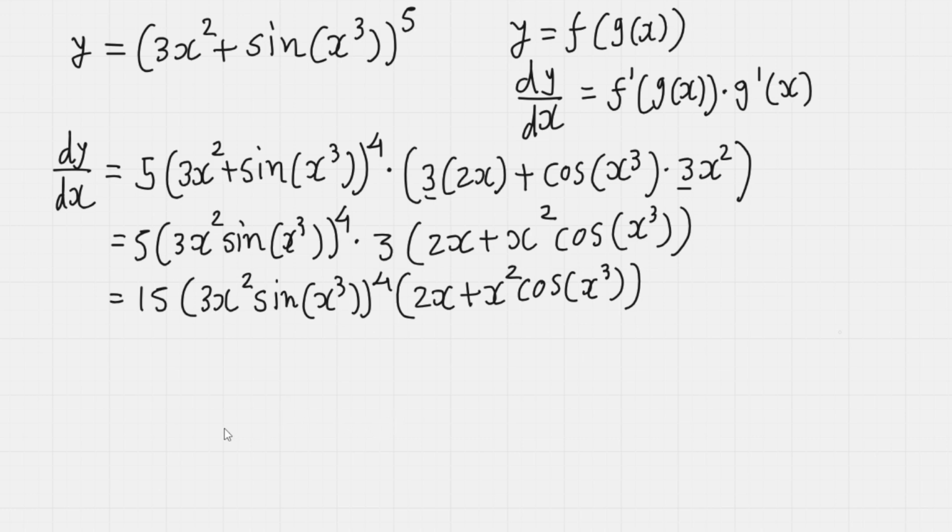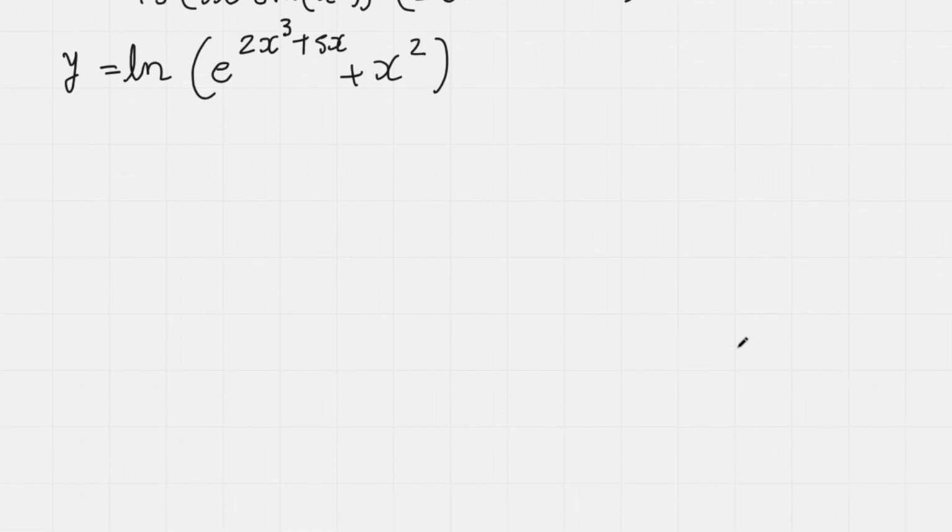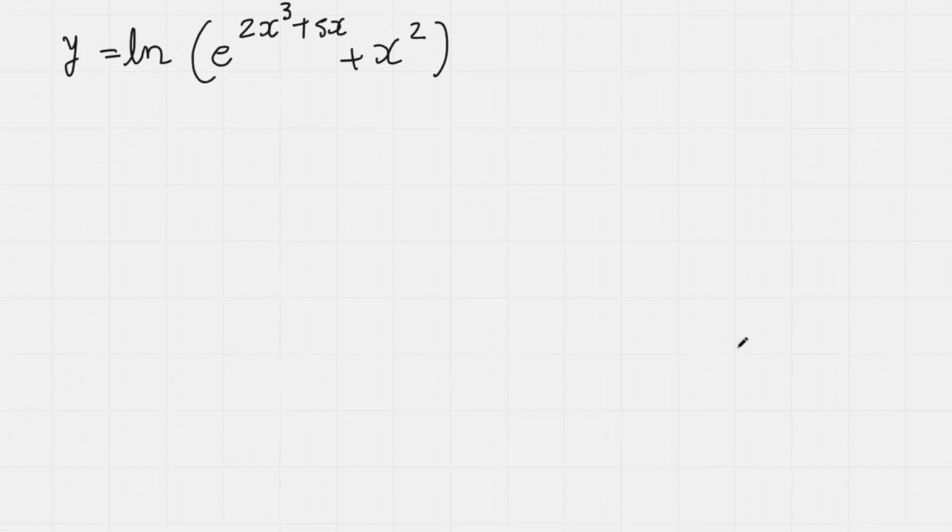Now let us take one more question. y = ln(e^(2x³+5x) + x²). So here natural log is the outer function, and in the natural log the inner function is e^(2x³+5x) + x².